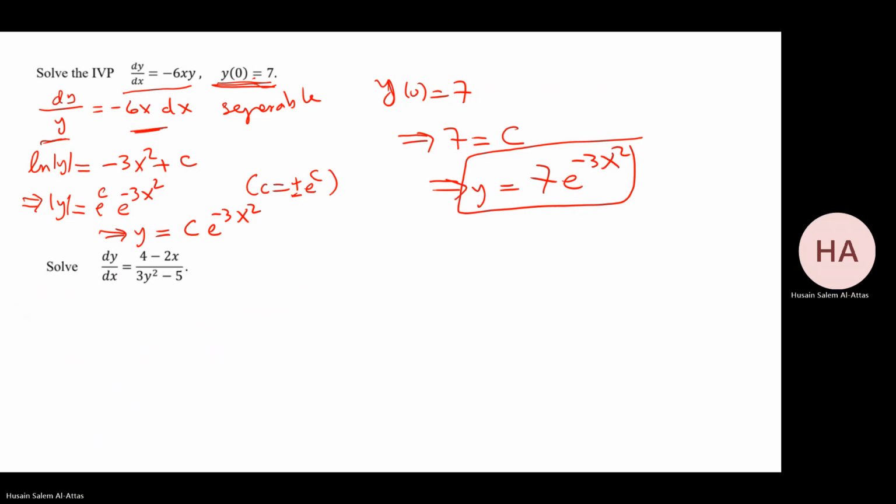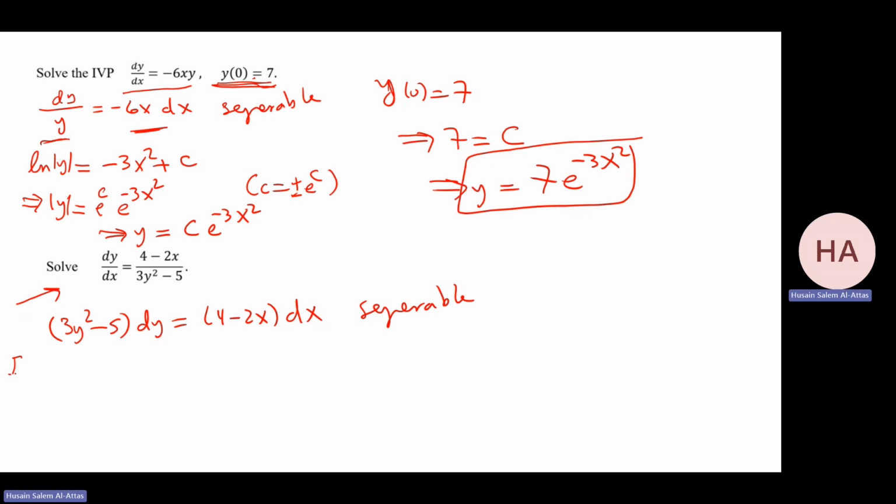Okay, this equation: first you notice I can write it as 3y squared minus 5 dy equals 4 minus 2x dx. Now it's very clear, it's a separable equation. What will you do? Integrate.